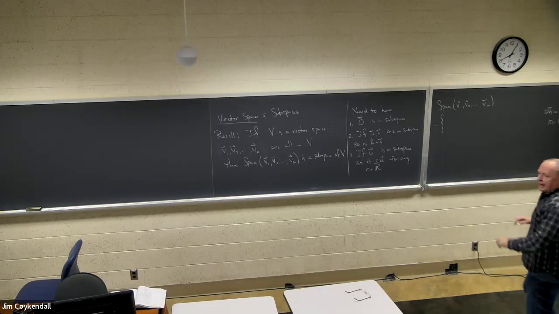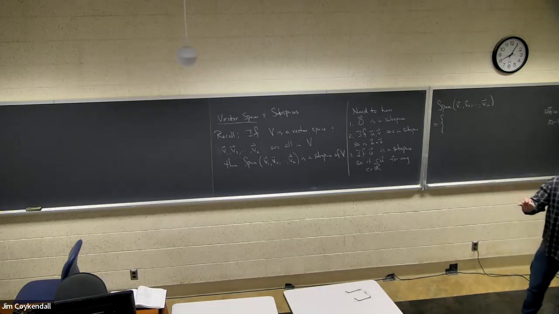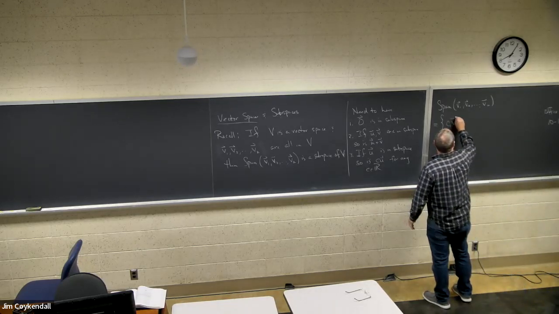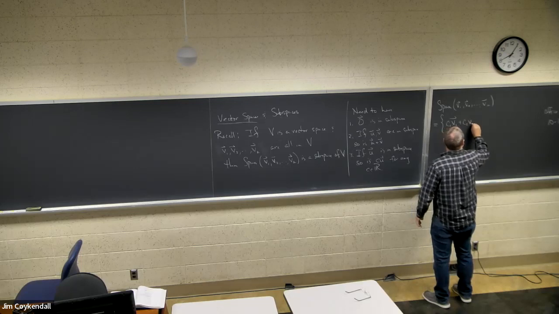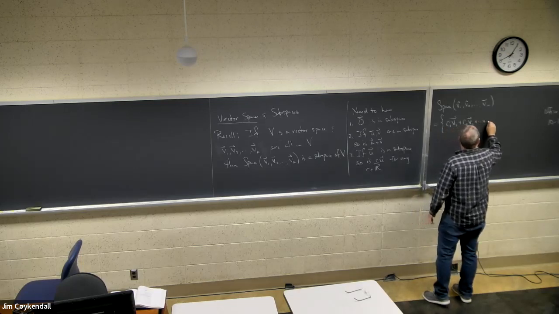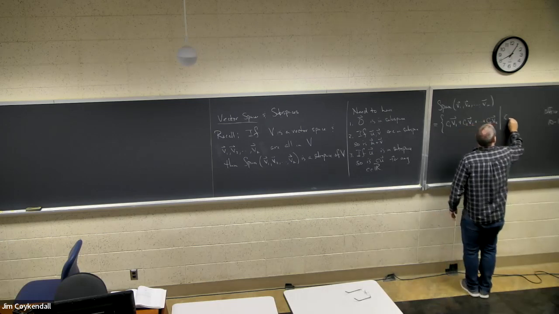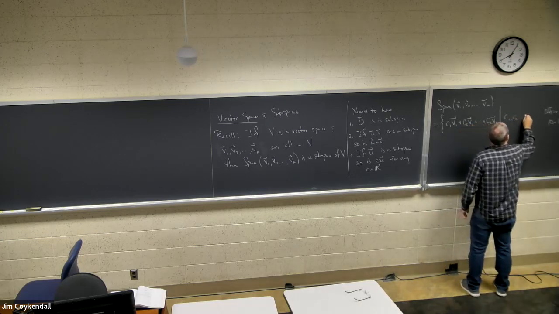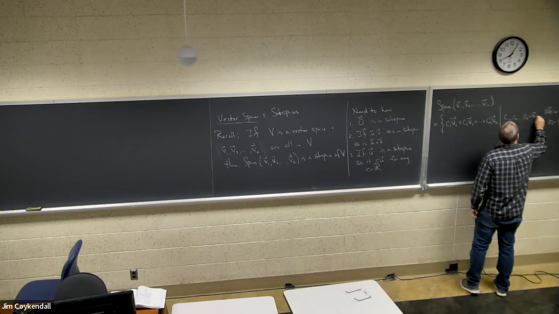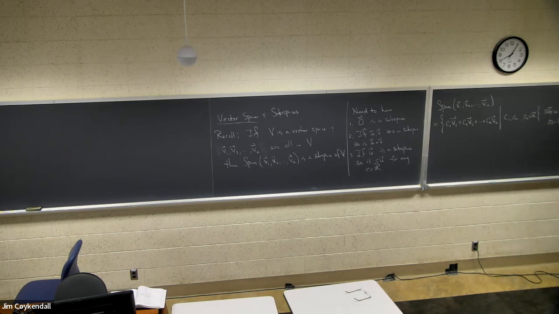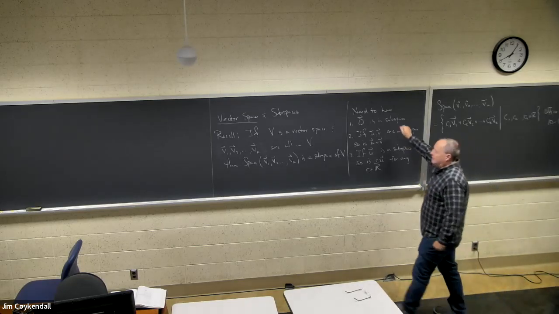That's exactly right. It's every linear combination that you could ever make with these vectors. So it's every possibility that you have like this. And you can freely choose those constants, any constants you want, as long as they're real numbers, right?